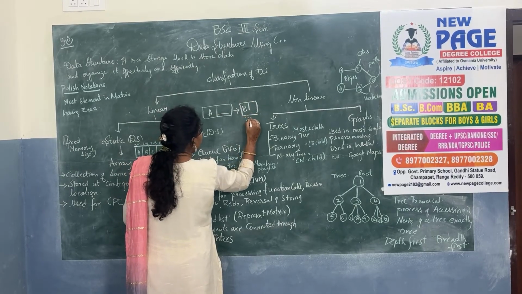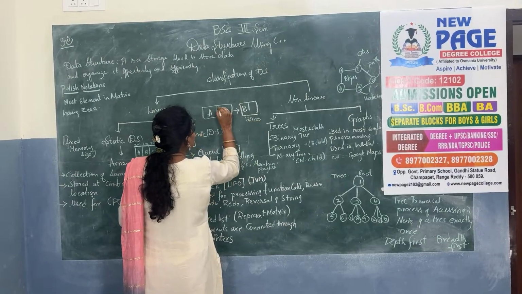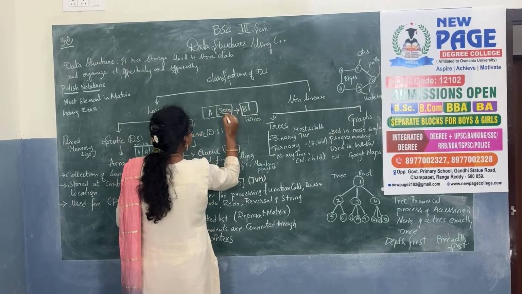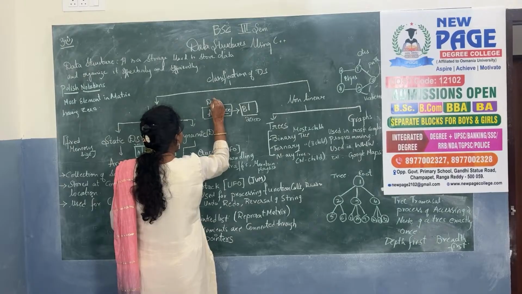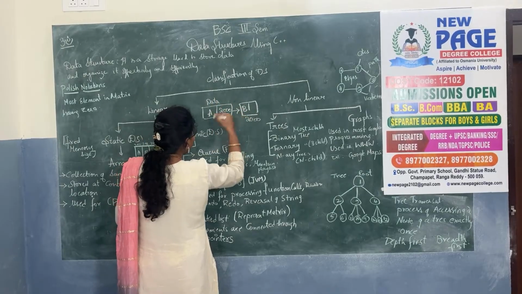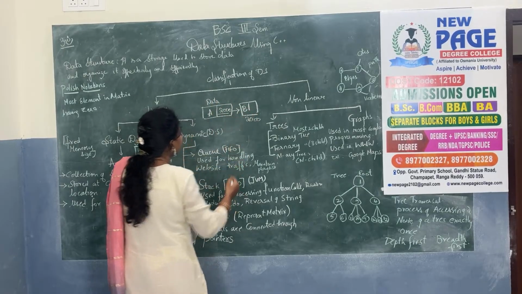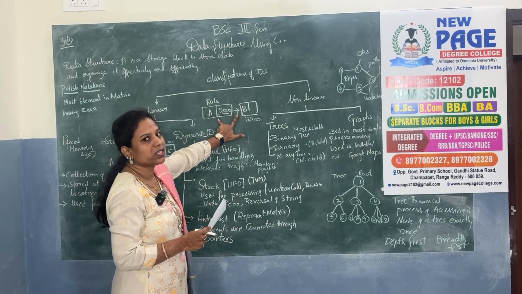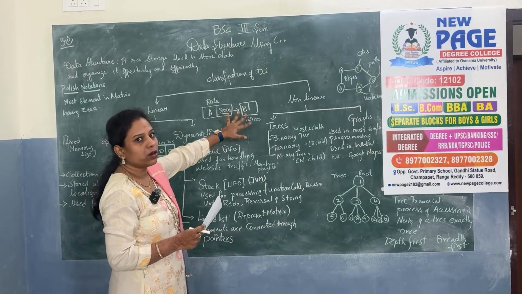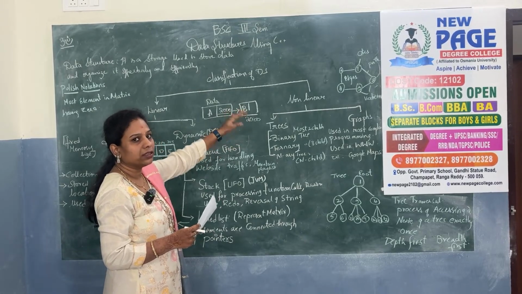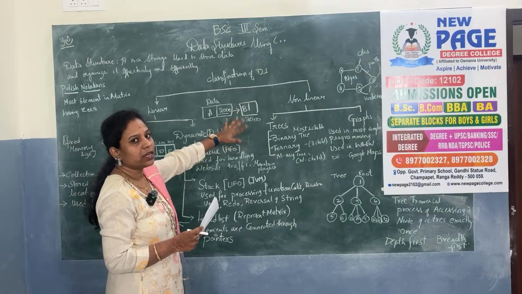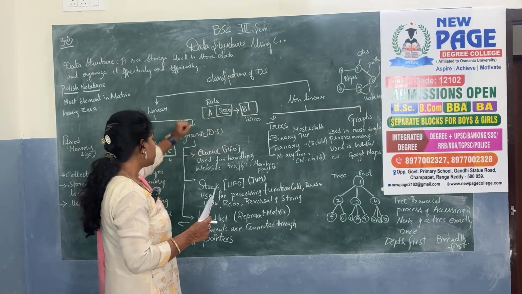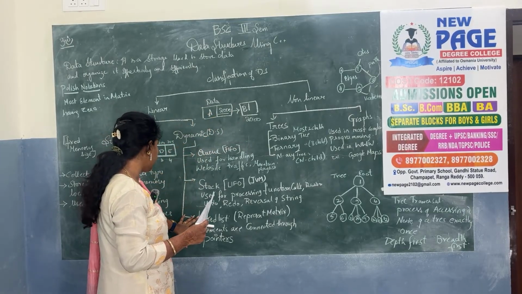Here the address will be considered as 2000. It will hold the data and the address of the next element. So this is the link between two elements using pointers, so that we can find the location of the other element stored in the dynamic memory location. So that was the linked list.